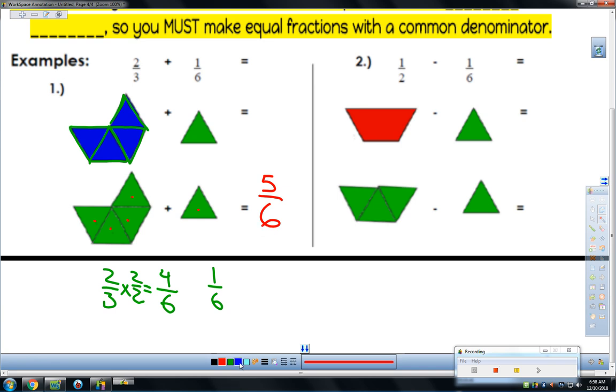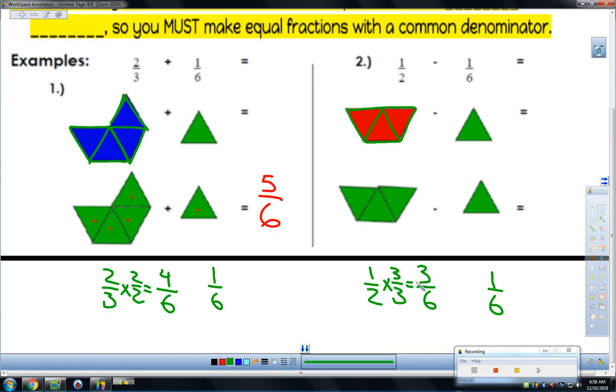Subtracting is similar. I can't take a red shape, a half, and just start taking away sixths. They're not the same size. But you'll notice that I can trade that red shape in. I can take my half and multiply it in this case by 3/3 because 2 times 3 is 6, and I need to be working with sixths. 1 times 3 is 3.